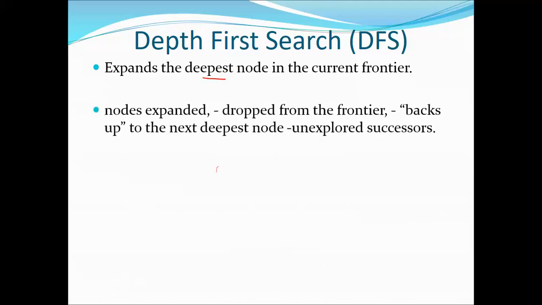After expanding a node and identifying that it is not a goal state, if that node is a leaf node, then that node will be dropped from the frontier, and the algorithm will back up to the next deepest node, create its unexplored successors, explore them, and proceed.